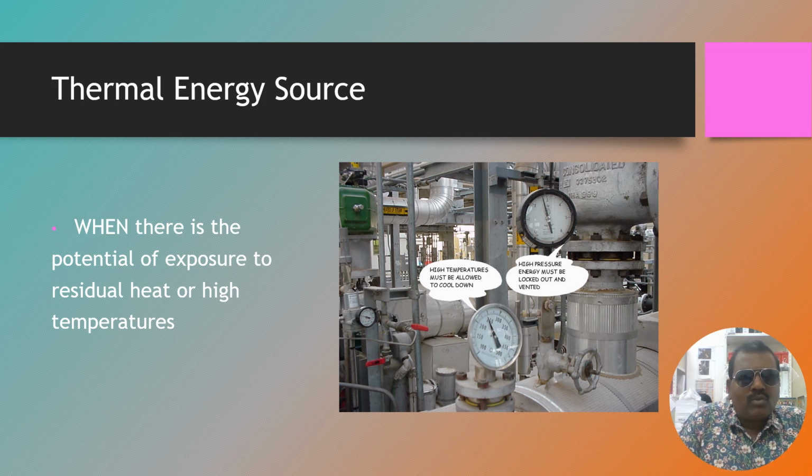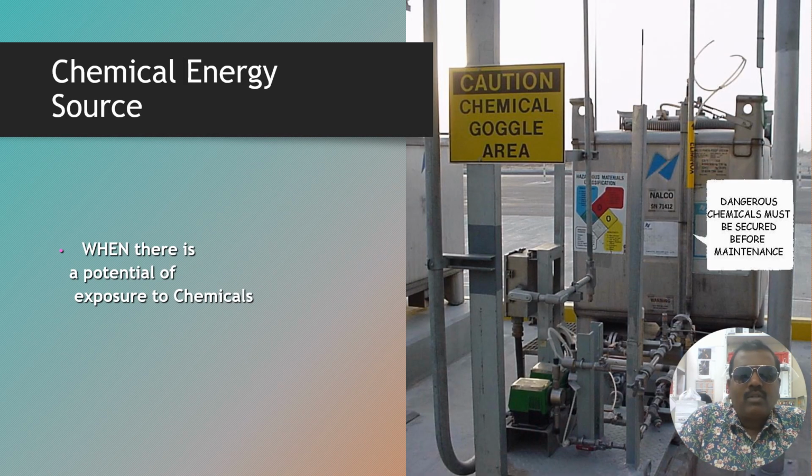Thermal energy source, when there is a potential of exposure to residual heat or high temperatures. What is this residual heat? Later on, in the other slides, we will go into depth on residual heat. And finally, chemical energy, when there is a potential of exposure to chemicals.